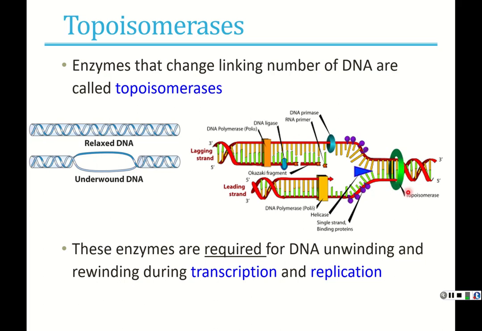So the topoisomerase enzymes kind of sit at the front there of, in this case, DNA replication, which we'll be discussing next lecture, right? And you have this topoisomerase there that can actually help cleave the DNA and unwind it in front, so you don't get that knot that will ultimately stop your replication.